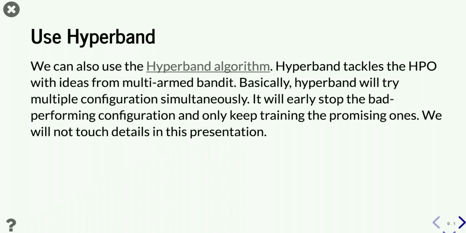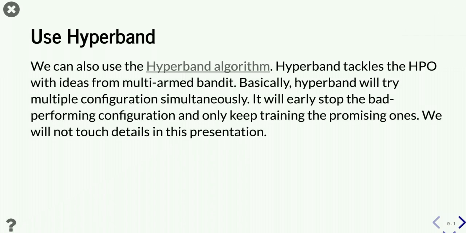Alright, so next we can also use the hyperband algorithm. Different from random search and Bayesian optimization, hyperband tackles the HPO problem in a different way. Random search and Bayesian optimization explore the hyperparameter configurations one by one.